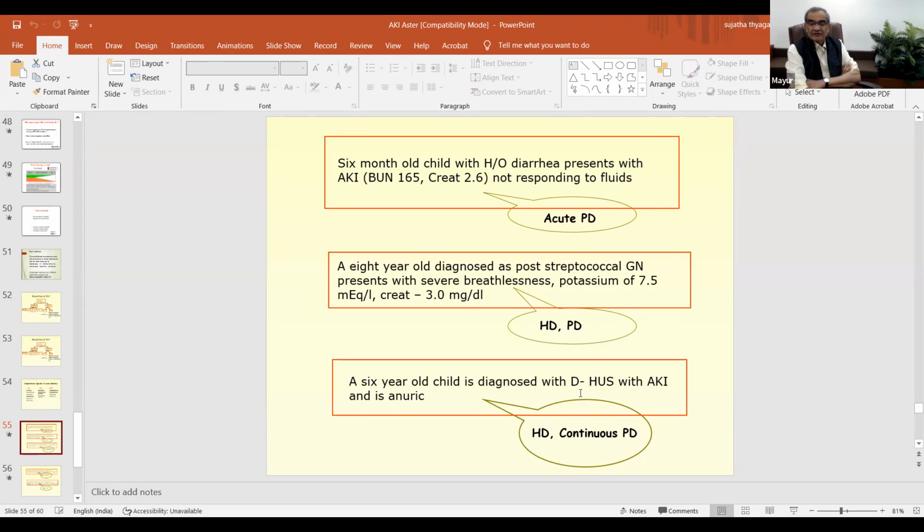Let's go to the second example. An 8-year-old diagnosed as post-streptococcal glomerulonephritis presents with severe breathlessness, potassium of 7.5, creatinine of 3. So clearly these are life-threatening complications.